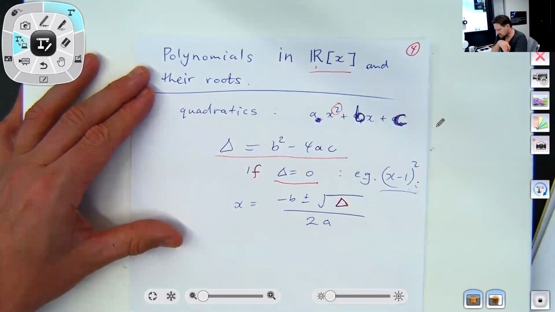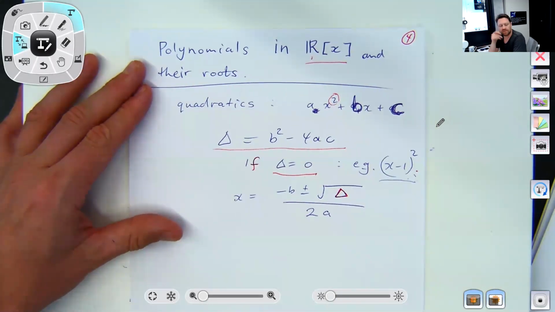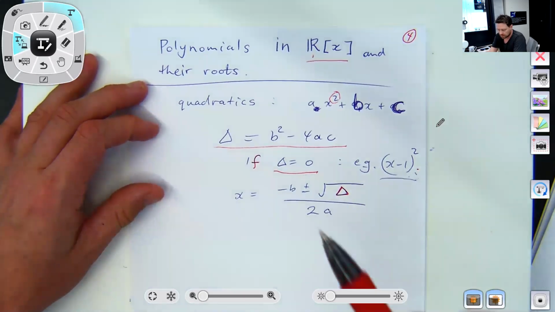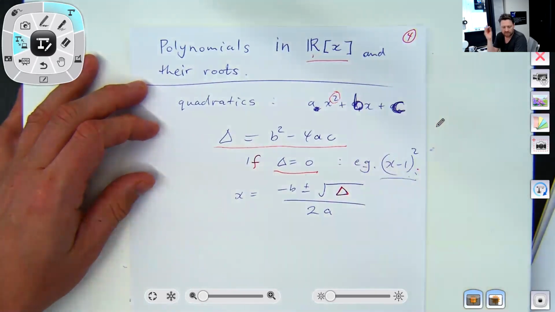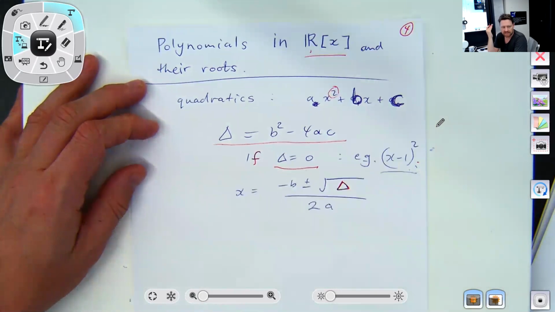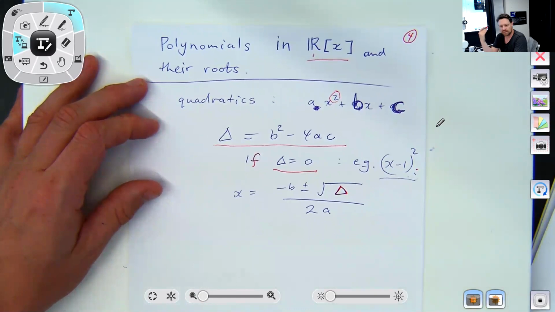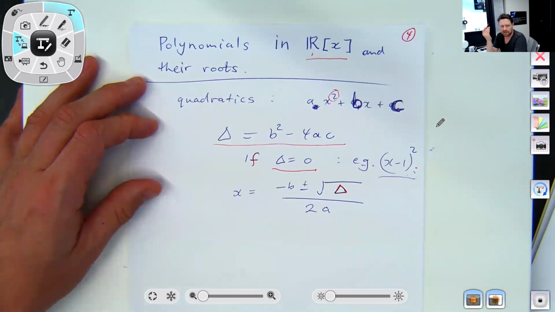So that brings me to mention the fundamental theorem of algebra that says that a polynomial, say with real coefficients of degree n, has exactly n roots, provided that you take those roots to be in the field of complex numbers, and provided that you allow those roots to be repeated.